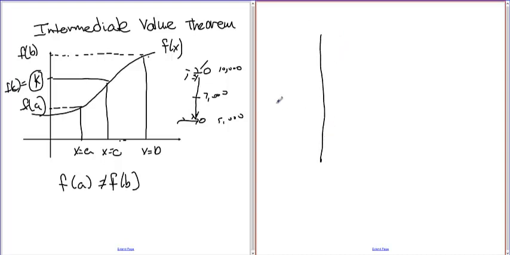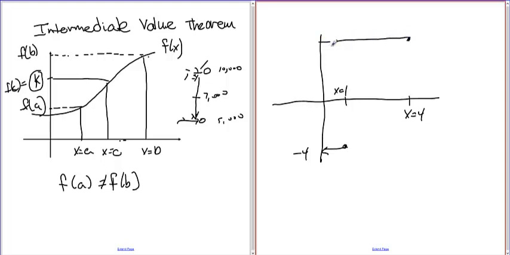Well, what it's saying there is that if you had some, let's say, x equals 1, where the value of the function is down here, let's say it's negative 4, and then you have some other later value, x equals 4, where we know that the y value is, say, positive 4. Well, we know that somewhere between 1 and 4 this function crosses the x-axis because the y value is negative at this point and positive at that point.